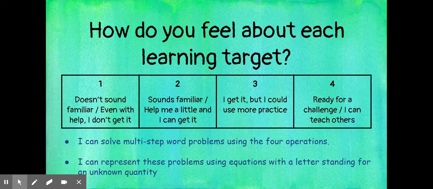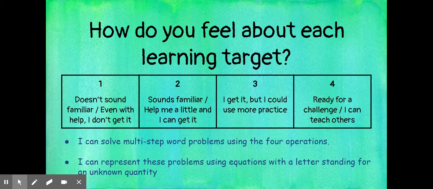We've solved word problems that have included addition and multiplication, subtraction and multiplication, maybe some division. I can statement number 2 says, I can represent these problems using equations with a letter standing for an unknown quantity.